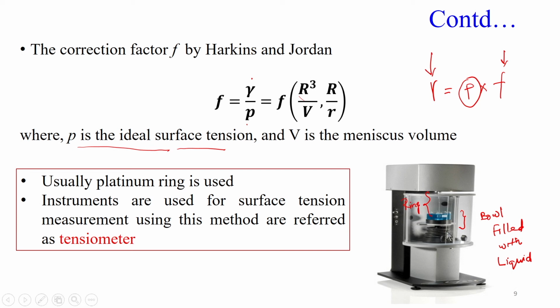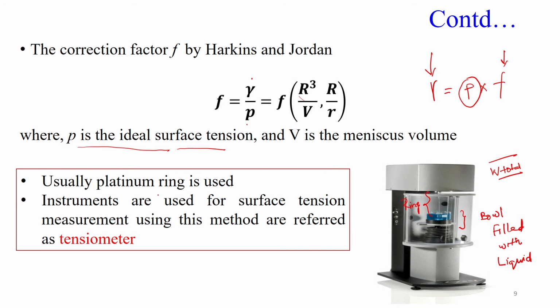The ring comes in contact, and then the instrument will pull it out, and once it is pulling it out, it will automatically measure the W total, and once it measures the W total, it will automatically calculate the surface tension.